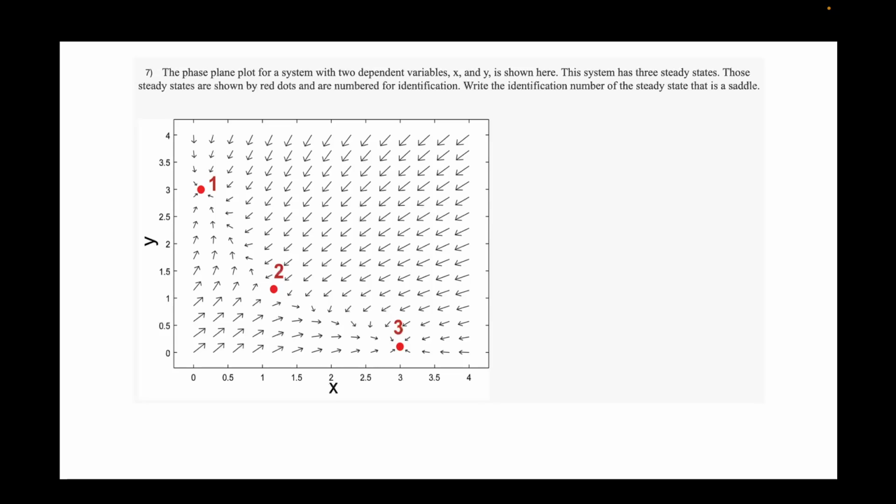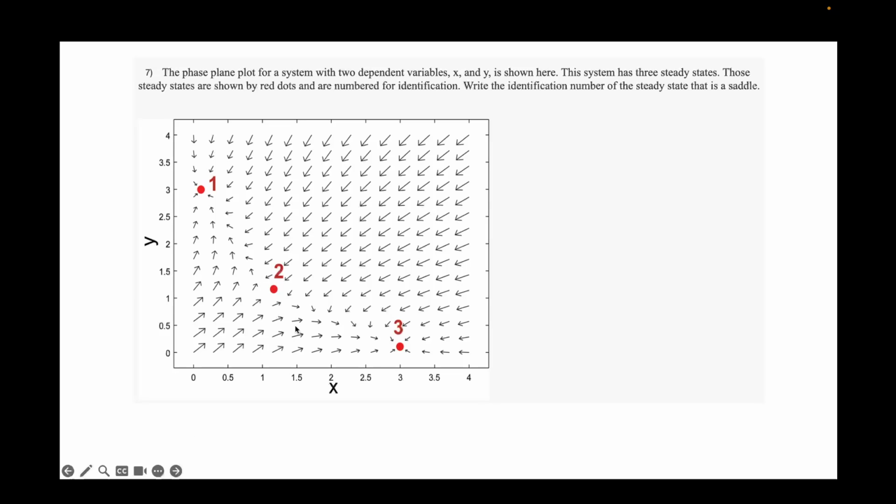It is 2. Yeah, it is not clear in the graph, but it's actually two. The reason is quite simple. If you consider this steady state, from the left it is converging and from the right it is also converging, but from the top and bottom it is diverging. So from one side it is converging, from one side it is diverging.